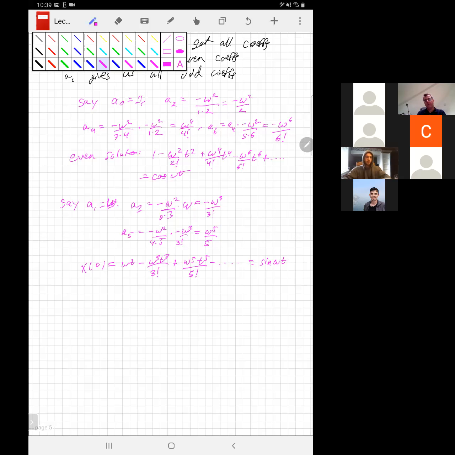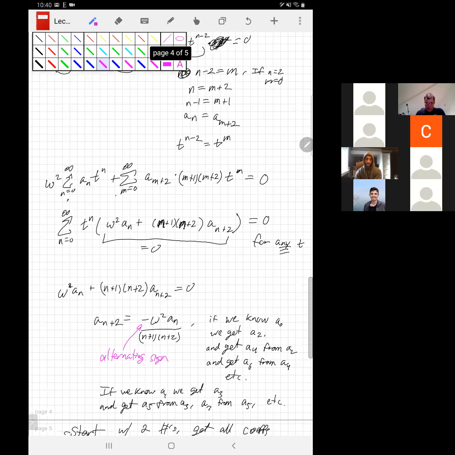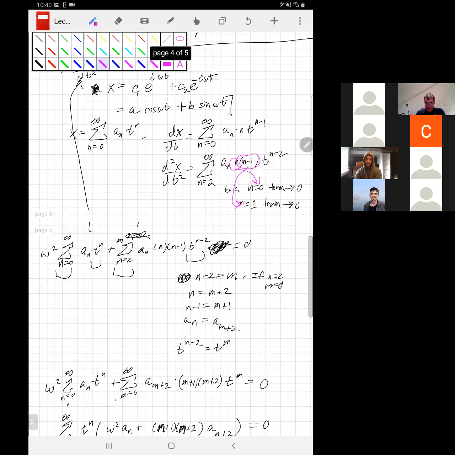Yes, Professor. Could we assume that the solutions are of a different form and then get some weird different solutions? What do you mean by that? Like say X equals some other, not a power series? Sure, we could assume that X is a Fourier series, and we didn't really cover that in here, but there are cases where people will have differential equations where the coefficients P and Q are periodic functions.